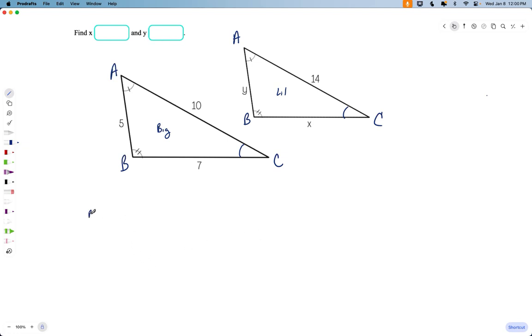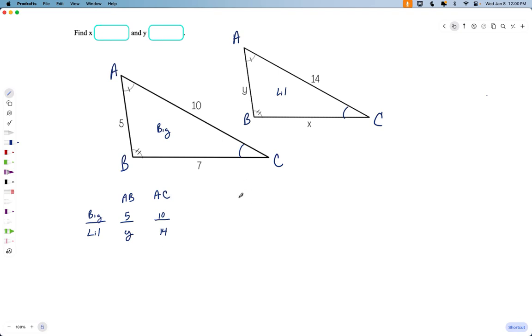So let's do the big triangle on top and the little triangle on the bottom. For side AB, the big triangle is 5 and the little triangle is Y. For side AC, the big triangle is 10 and the little triangle is 14.